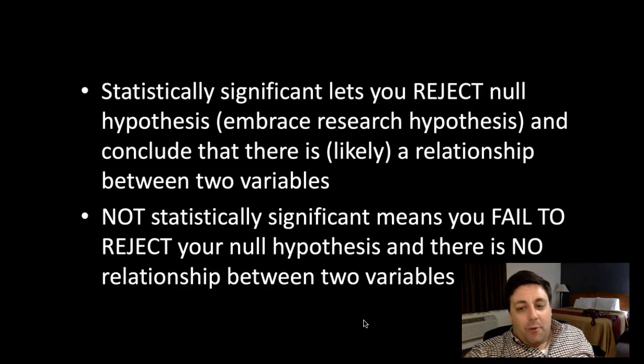That would be great news, and that would be a time when we'd be really happy to not see statistically significant results. We probably would be disappointed if a treatment did not improve a dependent variable. We'd probably be disappointed then if we didn't see statistically significant results.